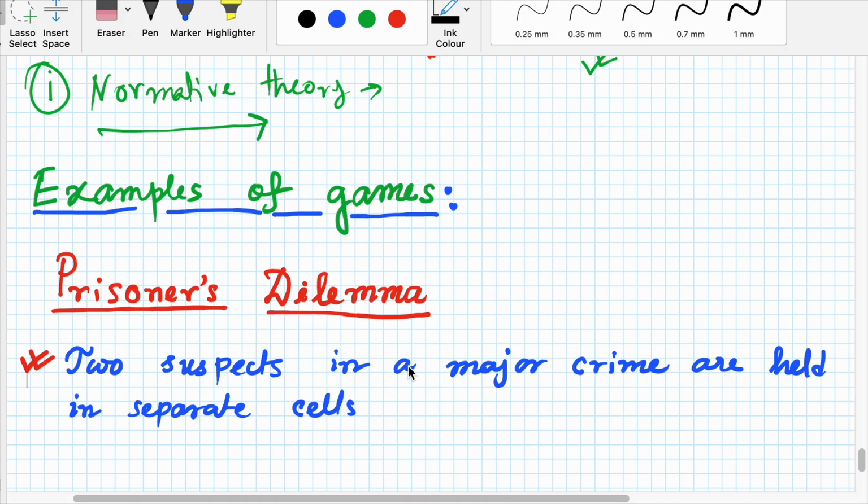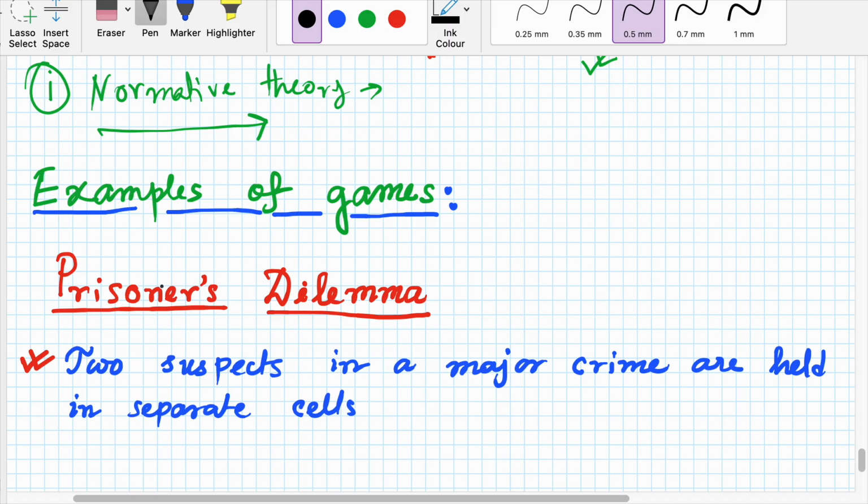That means if, before questioning these prisoners, these two prisoners make a deal with themselves, then it will not be a non-cooperative game, it will be a cooperative game, because the prisoners are now bound by their agreement that they will not confess or something like that.